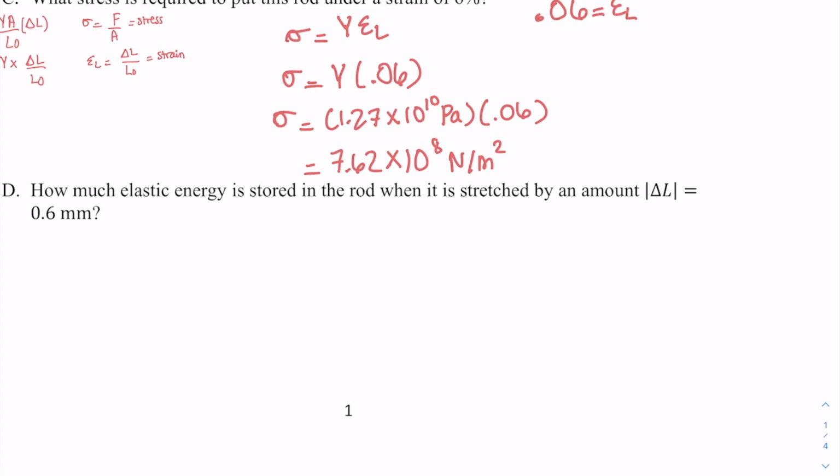But I'm not quite sure if you should have it in pascals or newtons per meter squared. It's usually newtons per meter squared on the slide, so I would keep it at that, just to err on the side of caution. So 7.62 times 10 to the 8th newtons per meter squared.